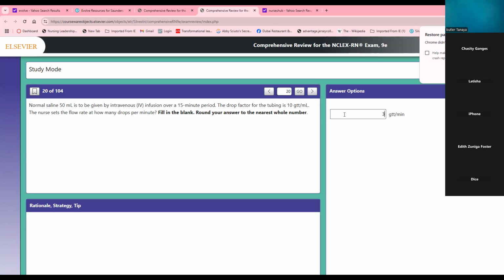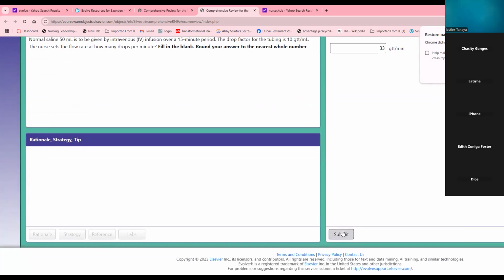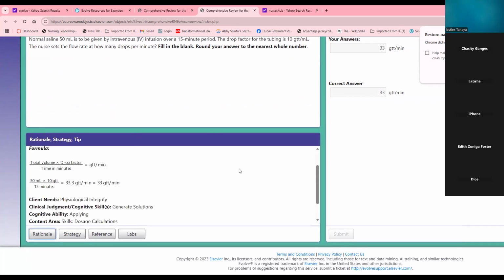Okay, everybody able to get the answer there? Yes. Okay, there's your formula. They write it out a little bit different than I do, but it doesn't matter. If you get to the right answer, that's what's important.